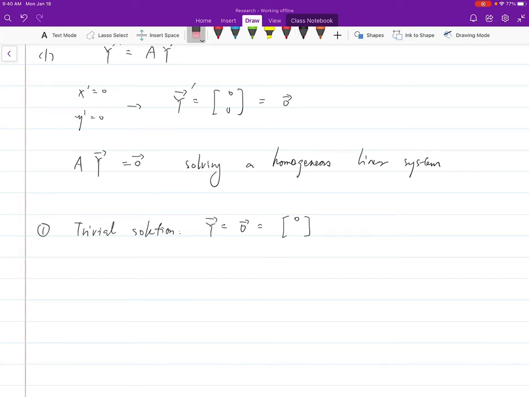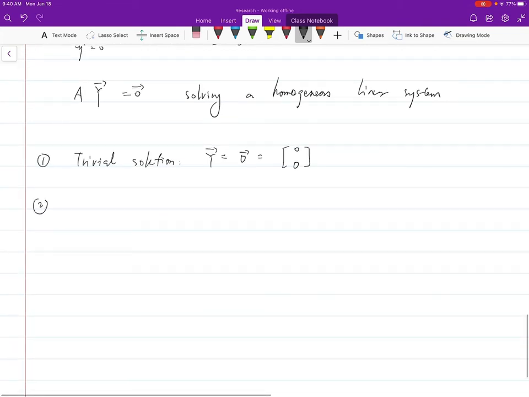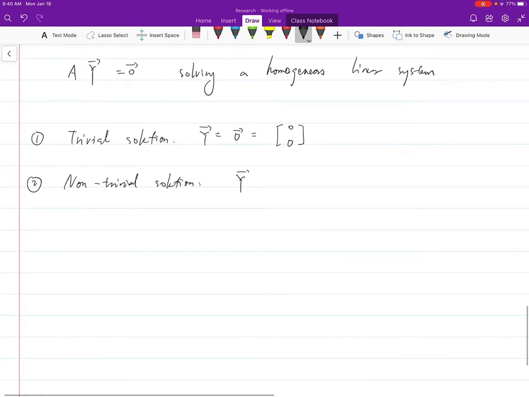Okay, so for linear systems with constant coefficient, you will have at least one equilibrium. Second, can you have a non-trivial solution? Which means, can you have a vector y which is not 0, 0, but still satisfies Ay equals 0?